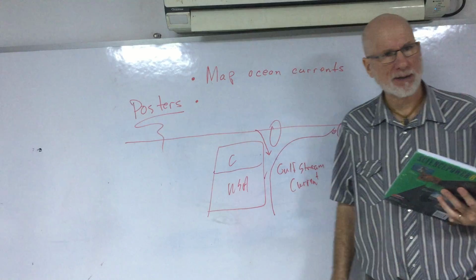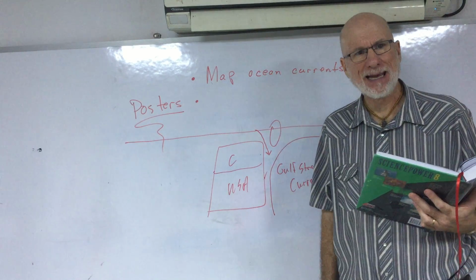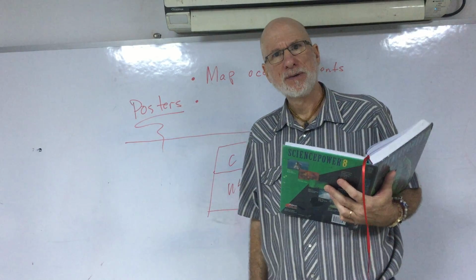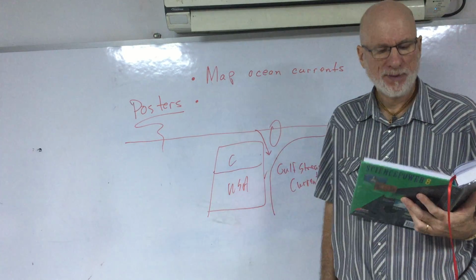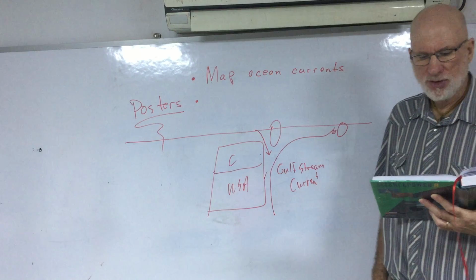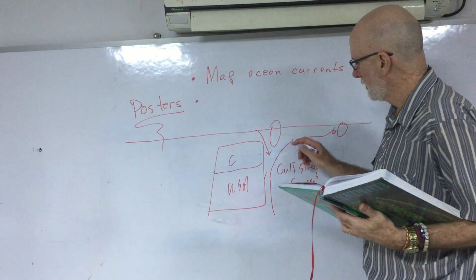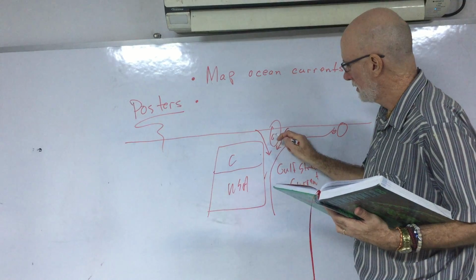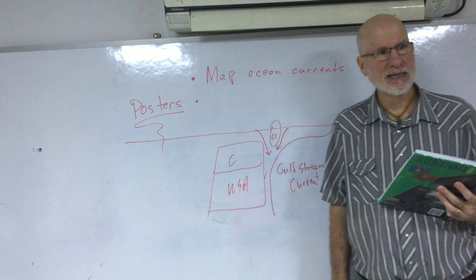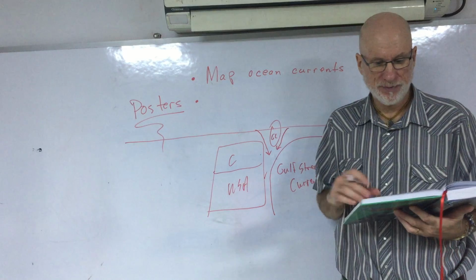It comes between Greenland and Newfoundland, which is north of New Brunswick, Canada. And then you have the Greenland current, which comes down like this. This is Greenland. Comes down the eastern side, and they're cold currents.